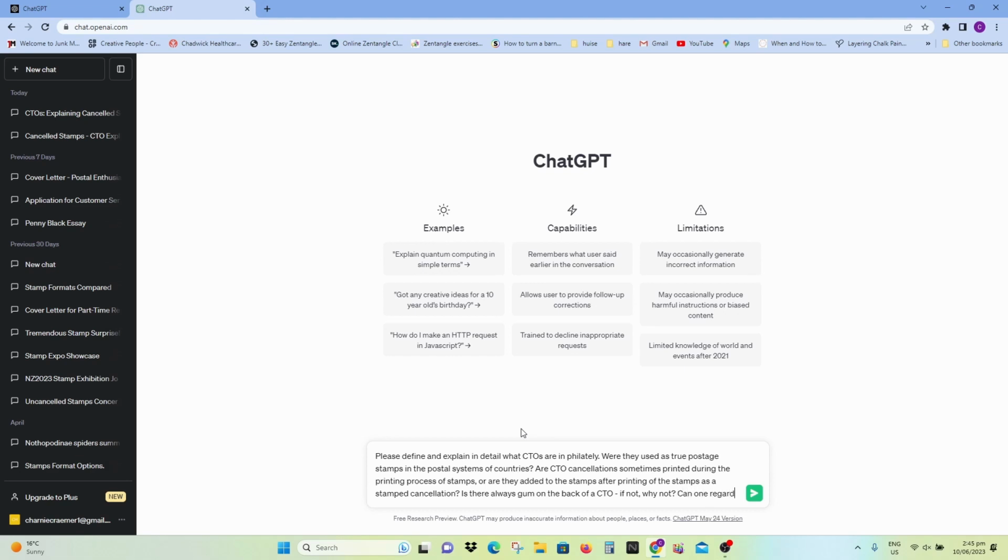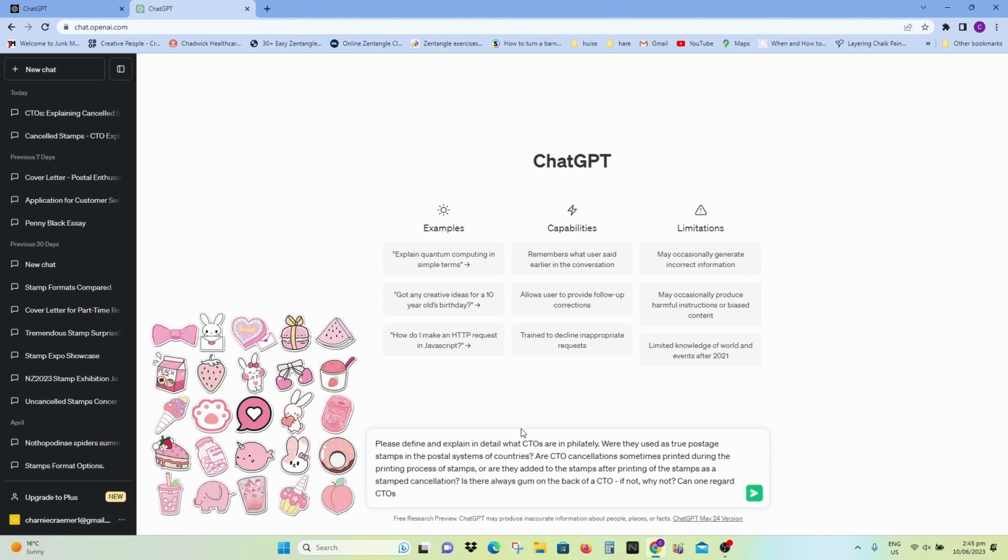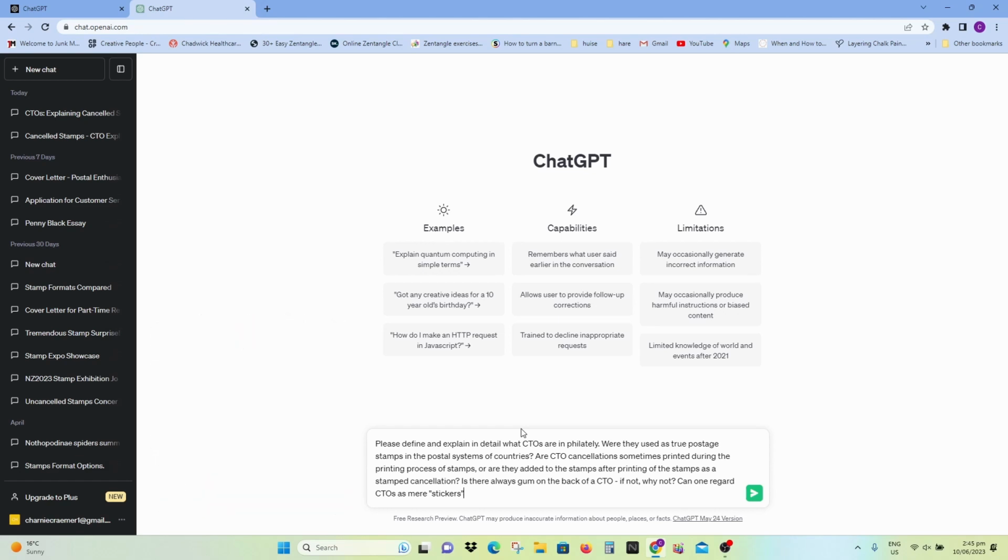Can one regard CTOs as mere stickers? Okay. This is an important question.